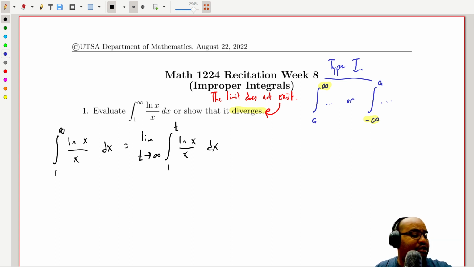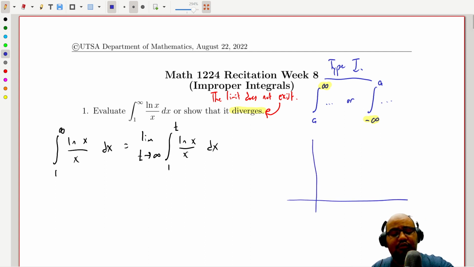Now let's sketch a picture of what that looks like. I'll just draw a rough approximation here. We have the graph of this function, whatever it looks like. That's 1. And I think it looks like that. The idea is I'm going to chop up this region at t.